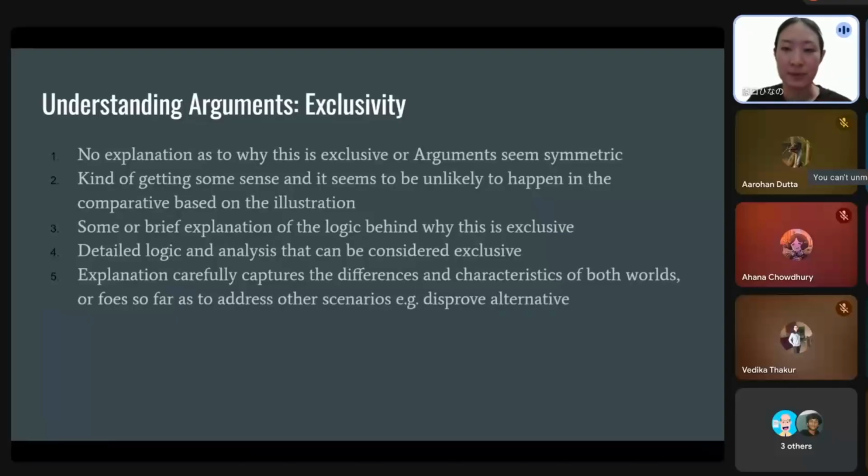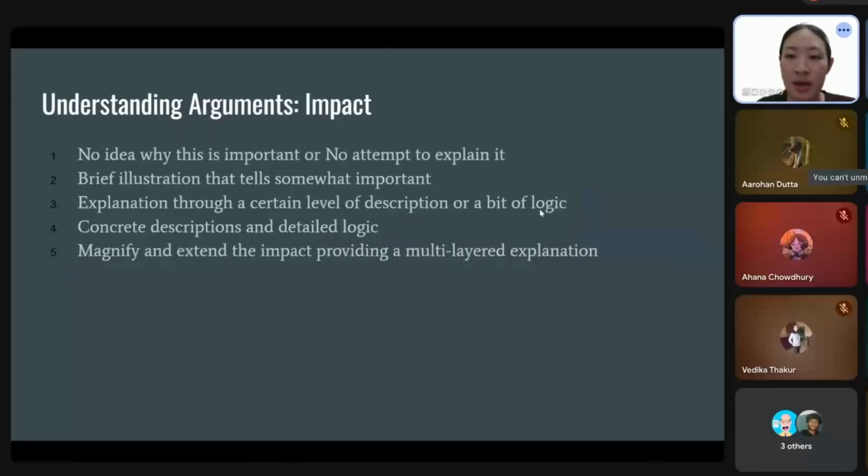I think this type of explanation, citing the alternative or different scenario, and then showing why this is the exclusive scenario, is the fifth level, or highest level, in proving exclusivity. It is a comparison between other scenarios, showing how the alternative doesn't work. So this is the explanation on likelihood and exclusivity.